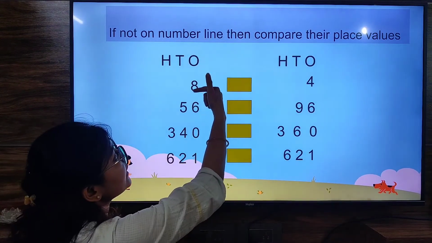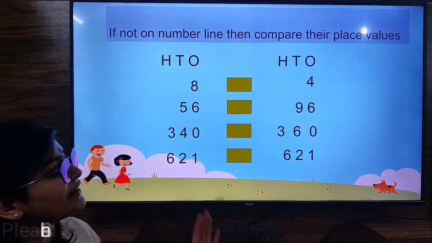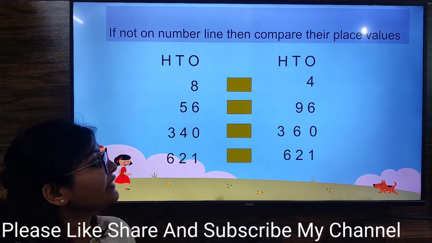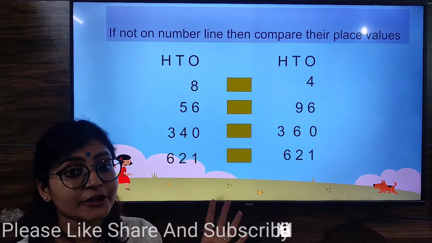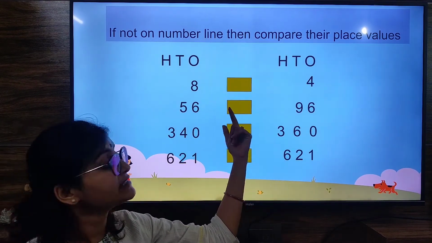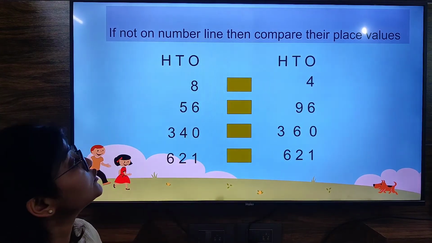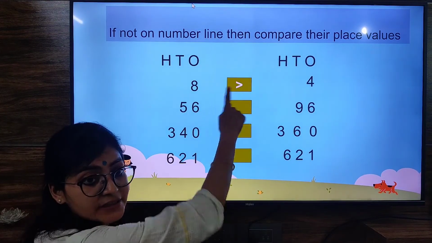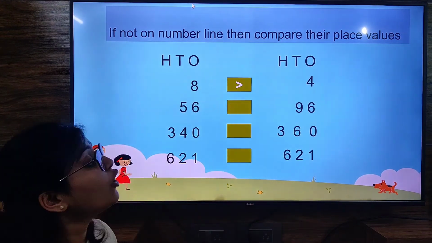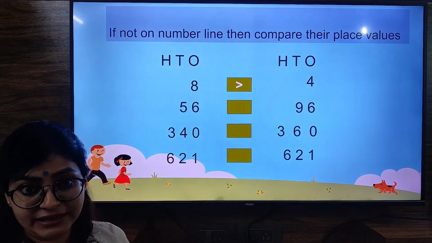Both of them are in the ones column. Now when a number is in the ones column, it's very simple to compare them, because we can do this on our fingers as well, that 8 is a bigger number than 4. So this sign says 8 is greater than 4 or 4 is smaller than 8.